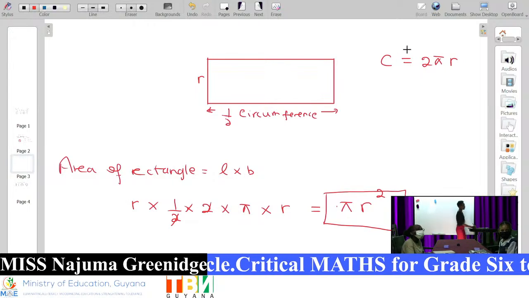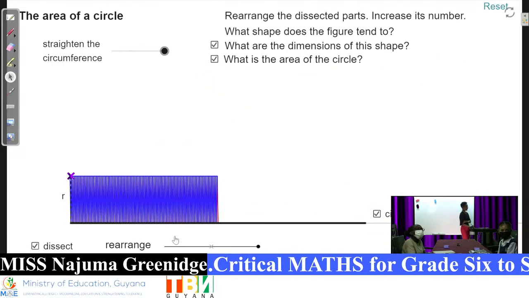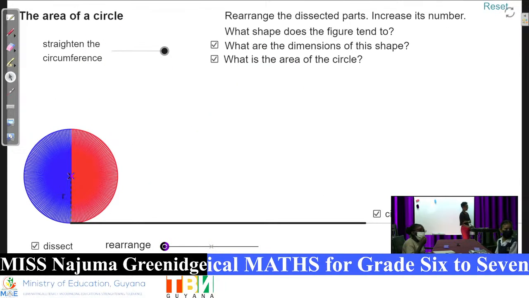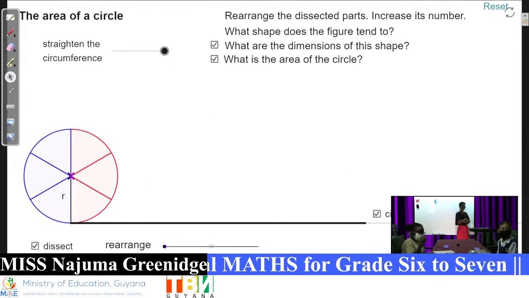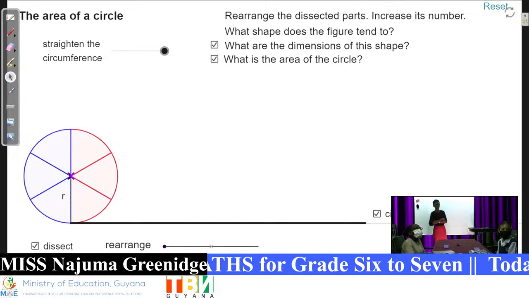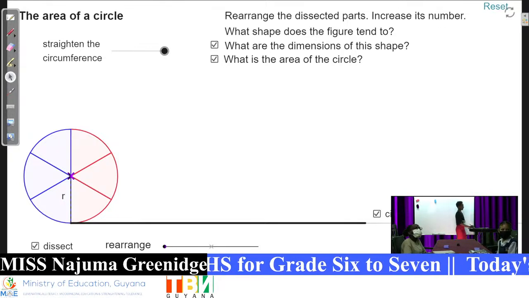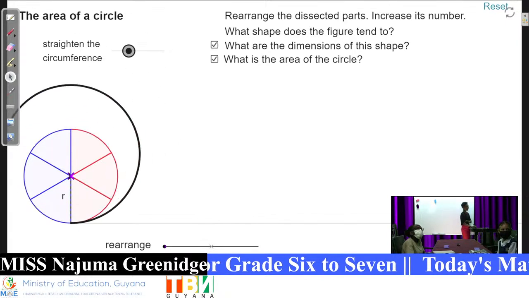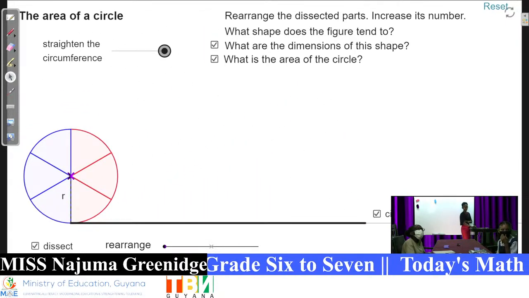So going back, notice what we did. We had a circle, right? The radius was r, and so what we did is that we extended the circumference of the circle.